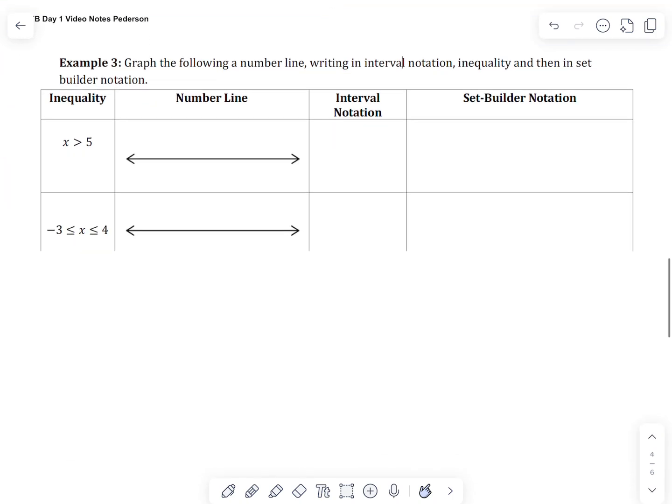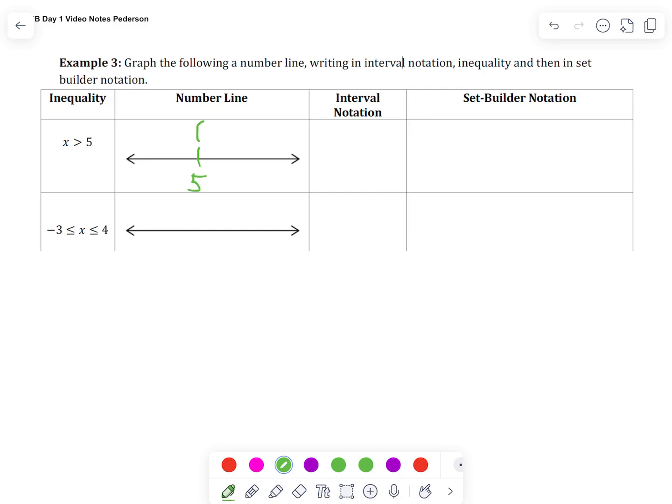Example 3, graph the following on a number line, write it in interval notation, and then write it in set builder notation. So we're giving you it as an inequality on the left. So how we say this, x is greater than 5. I'm going to put 5 in the middle here. It's not equal to 5, it doesn't have the line underneath it.